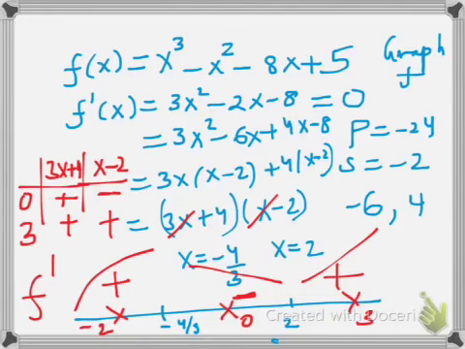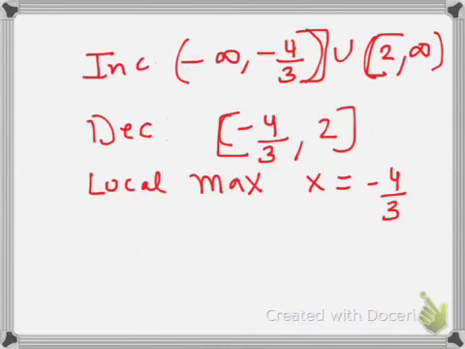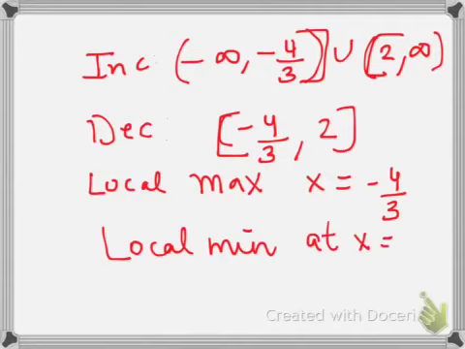And it is changing from decreasing to increasing at 2, so you have your local minimum at x equals 2. Okay, you can find the corresponding y values by plugging in these points into your original function.